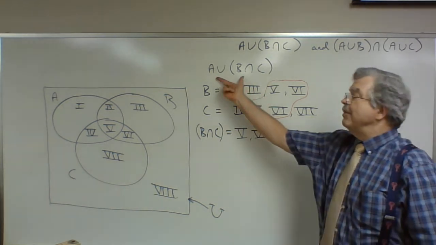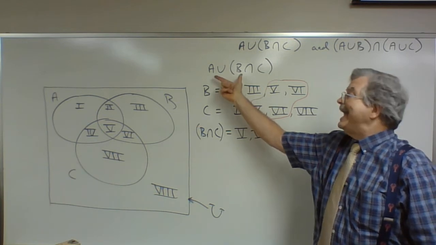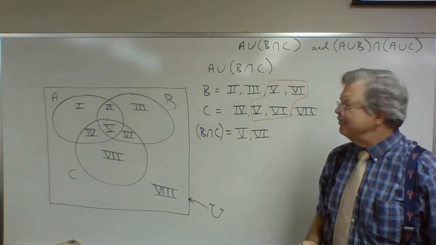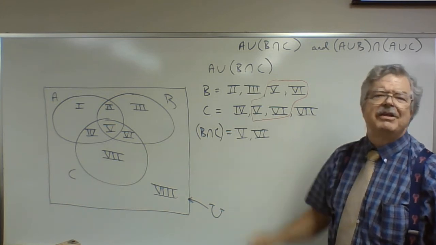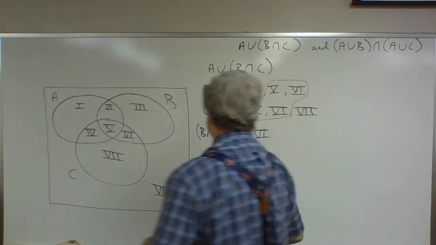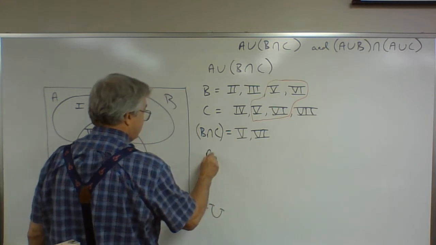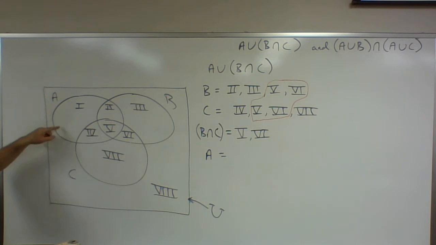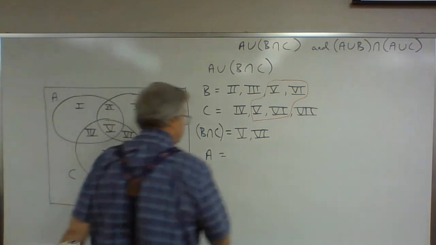Now let's try to get the whole thing. We want A union B intersect C. To start things off, I'm going to write down everything that's in set A. Set A is everything in the A circle: region 1, region 2, region 4, region 5.